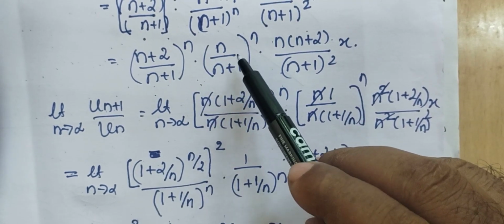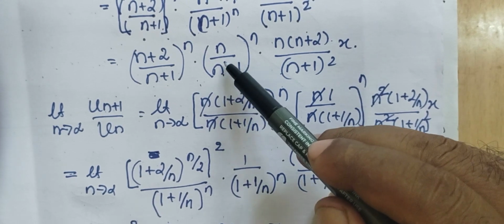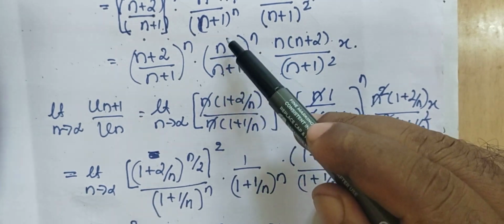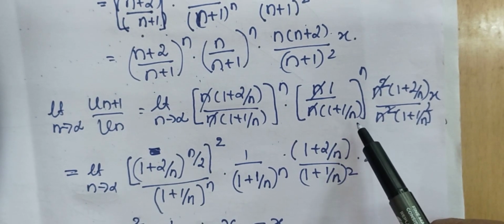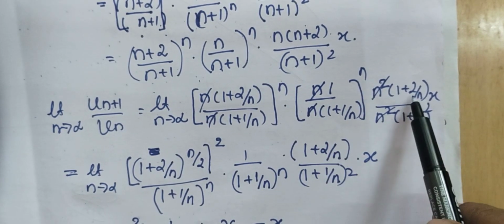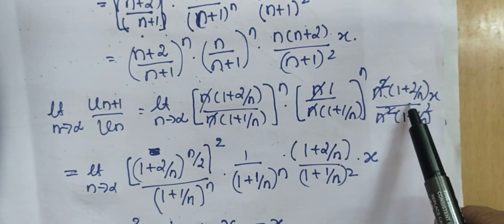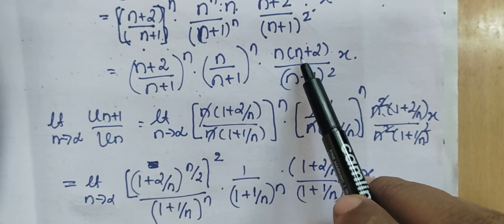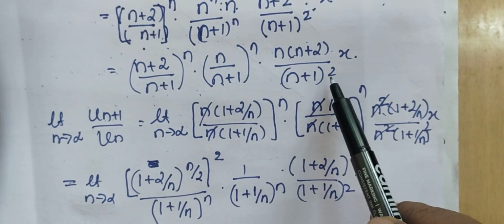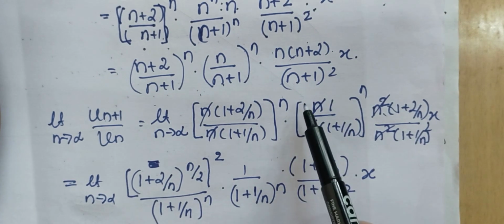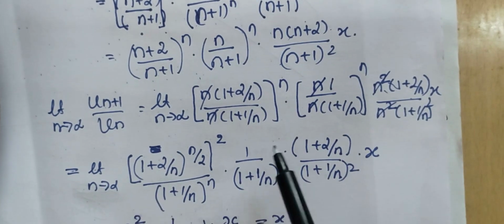In the denominator you take n into (1 plus 1 by n), that n will be cancelled, and you get 1 by (1 plus 1 by n) whole power n. Here also we can take n square: n square into (1 plus 2 by n). Why n square? From this you take one n, and n into n is n square. Here the power is 2, therefore we can take n square as common, so (1 plus 1 by n) whole square.